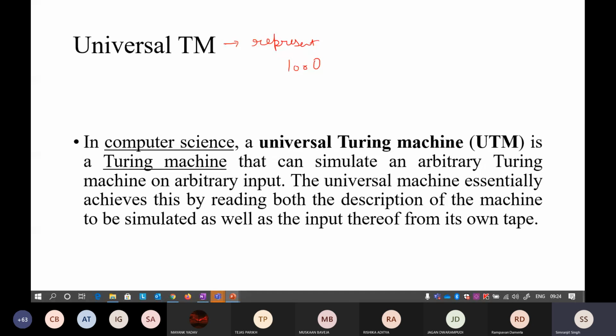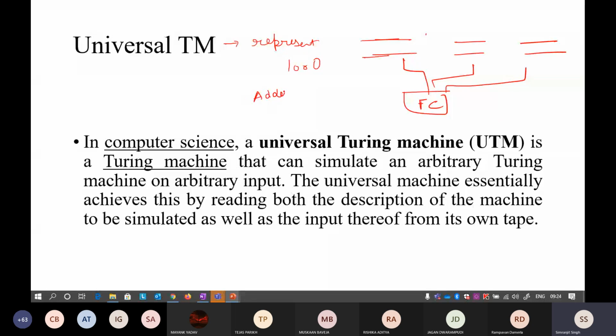This universal Turing machine has three tapes. I will tell you in detail in the next lecture, but just see that they encoded something.